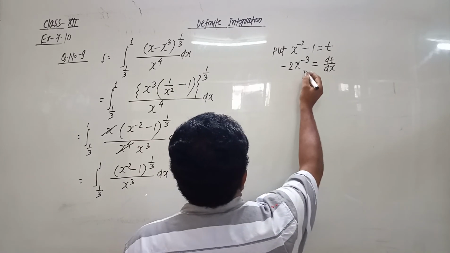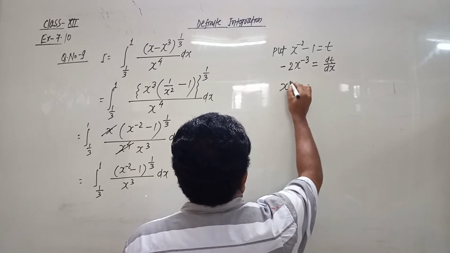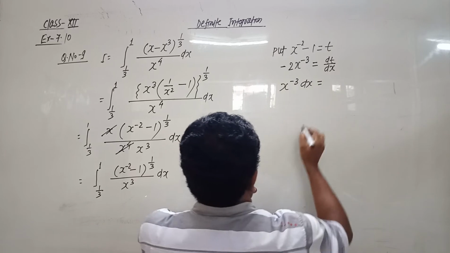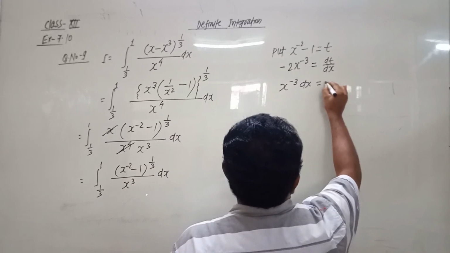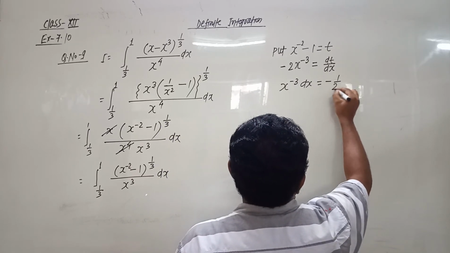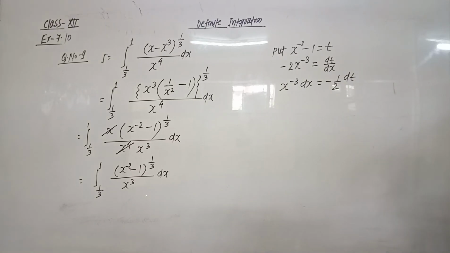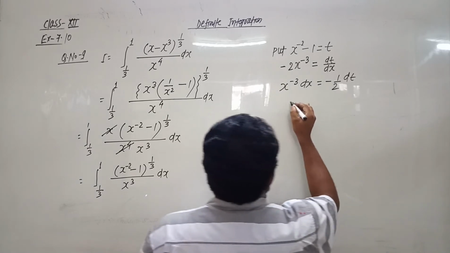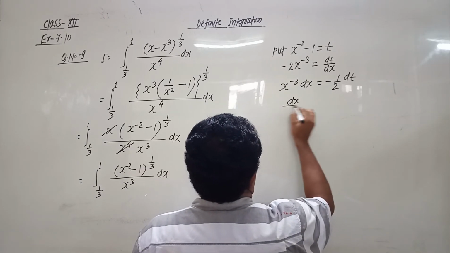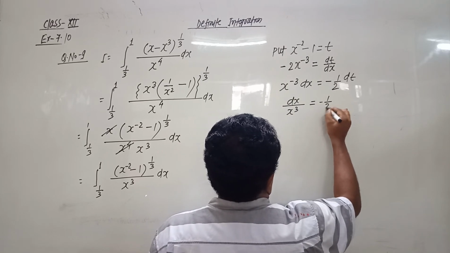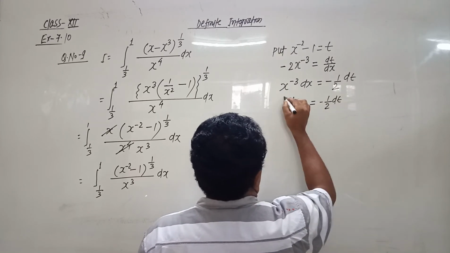So we get minus 2 x raised to the power minus 3 dx equals dt, that is, x raised to the power minus 3 dx equals minus 1 by 2 dt, so dx upon x cube equals minus 1 by 2 dt.